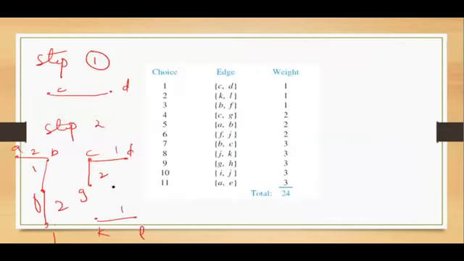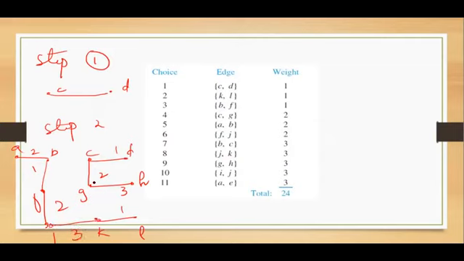Okay. So if I take GH, let's draw that. If I am taking GH, it has the weight 3, and I am taking HL. No, I cannot take HL because I am taking JK. Where is your J? J is over here. The weight is 3.